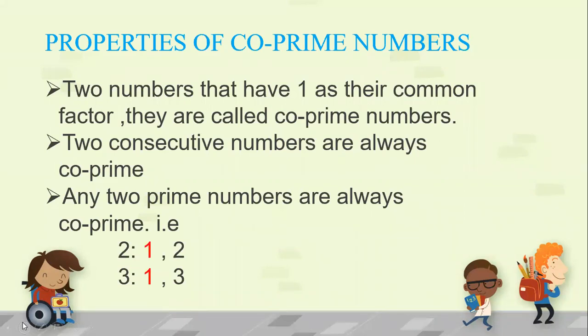We will see an example, students. Factors of 2 are 1 and 2, and factors of 3 are 1 and 3. When we take out the common factor, it is 1. So we can say that 2 and 3 are co-prime numbers.